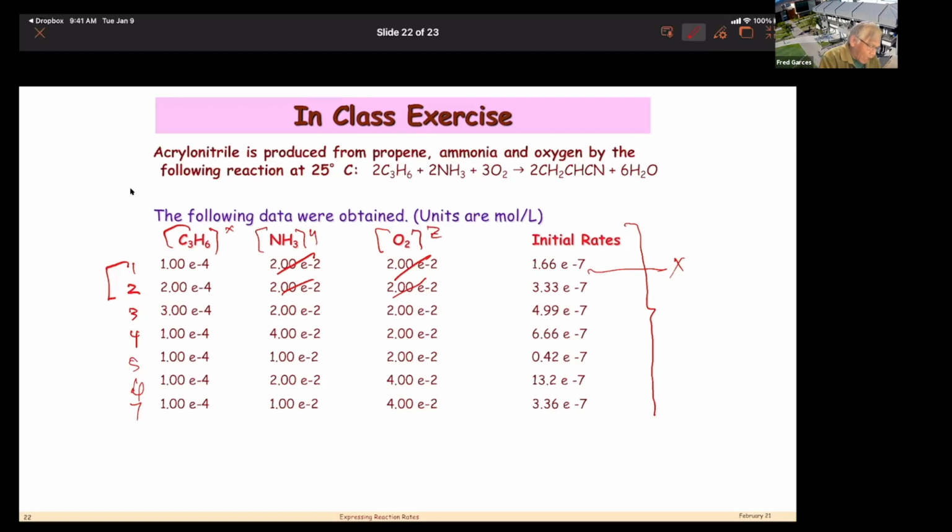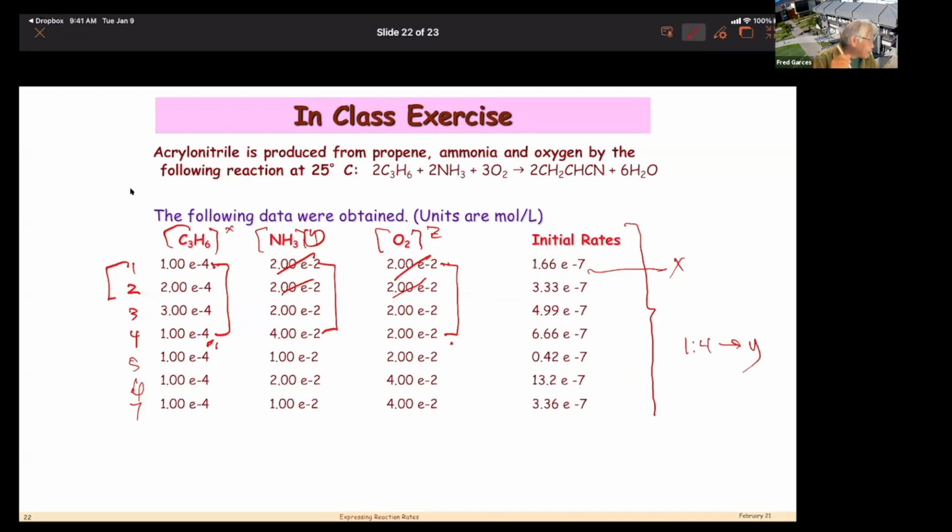Well, I need to find experiments in which C3H6 and O2 are the same. So I can look at these 2 right here. See how C3H6 propene is the same for this, and oxygen is the same for that? Well, this doubles. So by picking experiments 1 and 4, then I can get the value of Y.